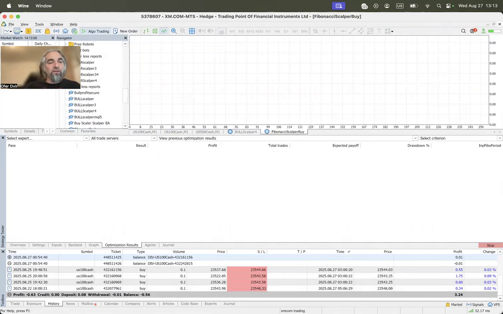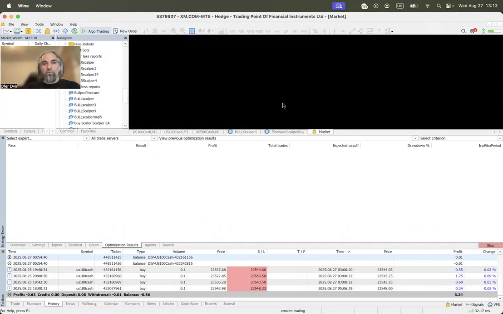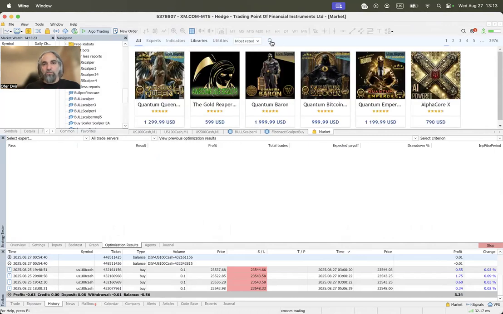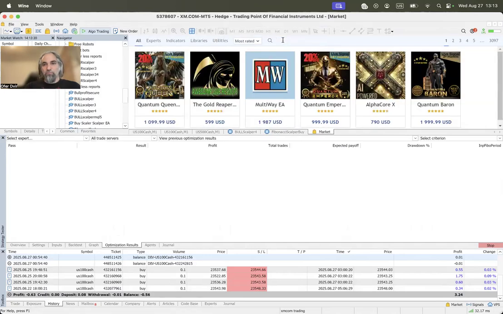At the moment, I can show you how you could get it. So in the MetaTrader, when we go to the market and just hit here, Fibonacci.